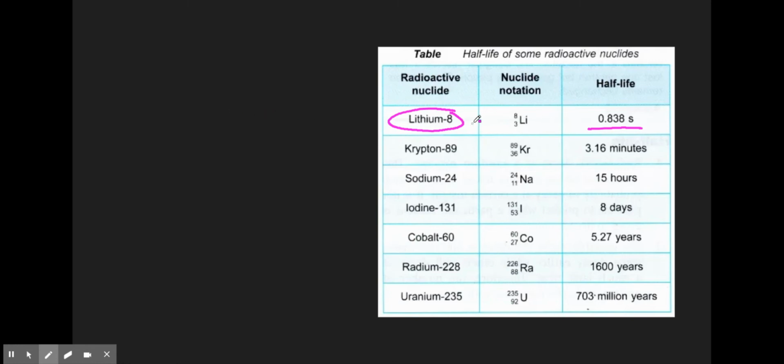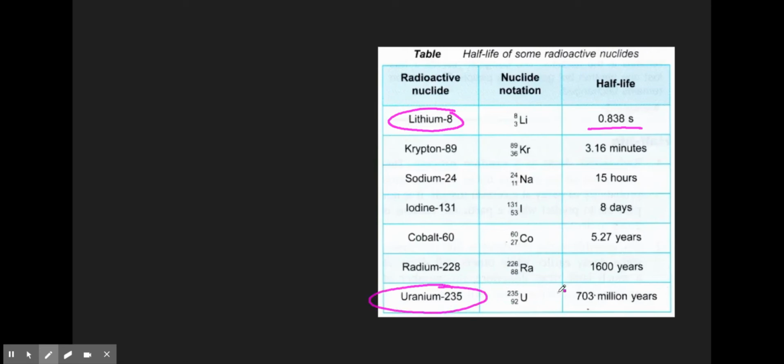If you waited even just 2 or 3 seconds, you would expect most of that material to radioactively decay. Even if you started with millions of atoms, they would radioactively decay according to a 0.838 second half-life. So after a few seconds, you've gone through already 3 or 4 or 5 half-lives. So you're down to a very small percentage remaining.